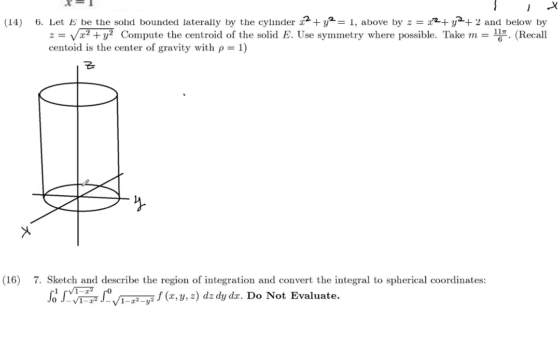So this is going to be looking something like this. Get a nicer curve in there. Okay, so that's that paraboloid x squared plus y squared, shifted up 2 units. And then below is z equals root x squared plus y squared. This is the same as z equals r. So that's a 45-degree cone. So it looks like this.